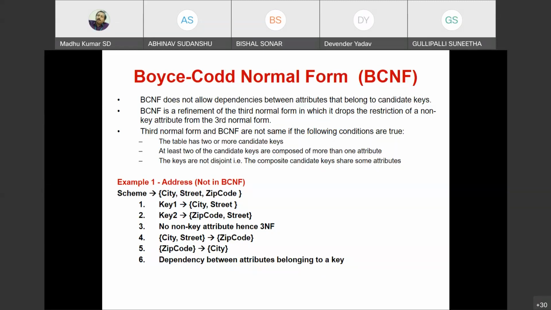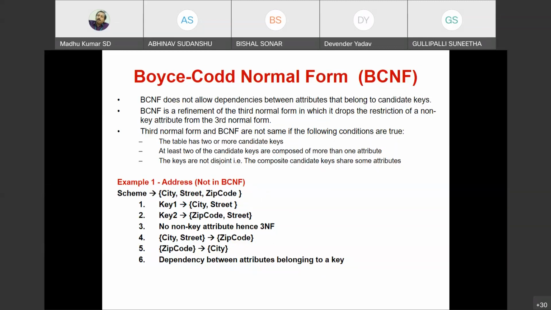Even though the pin code or the zip code is dependent on the city alone, you are saying that this relation is in third NF. What is the reason? There is no transitive dependency between non-key attributes, sir.